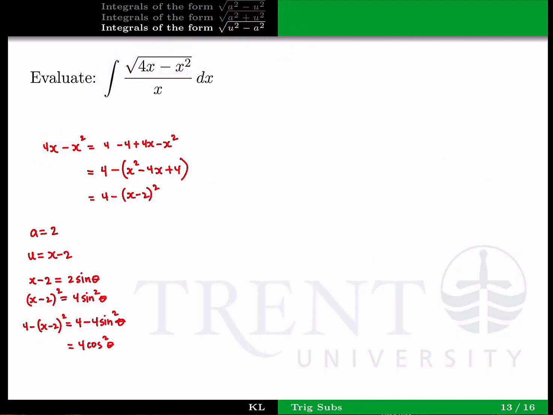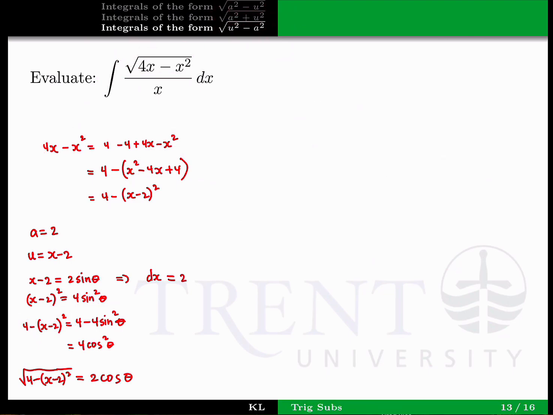Which means that the square root of 4 minus (x minus 2) squared will be 2 cosine theta. So we now have the numerator. From here, dx, the derivative of x minus 2, is simply dx.